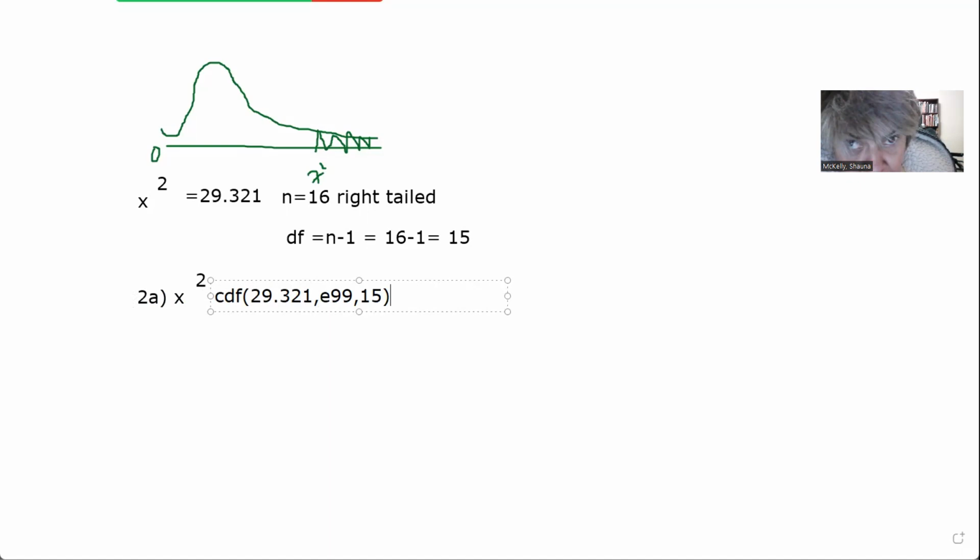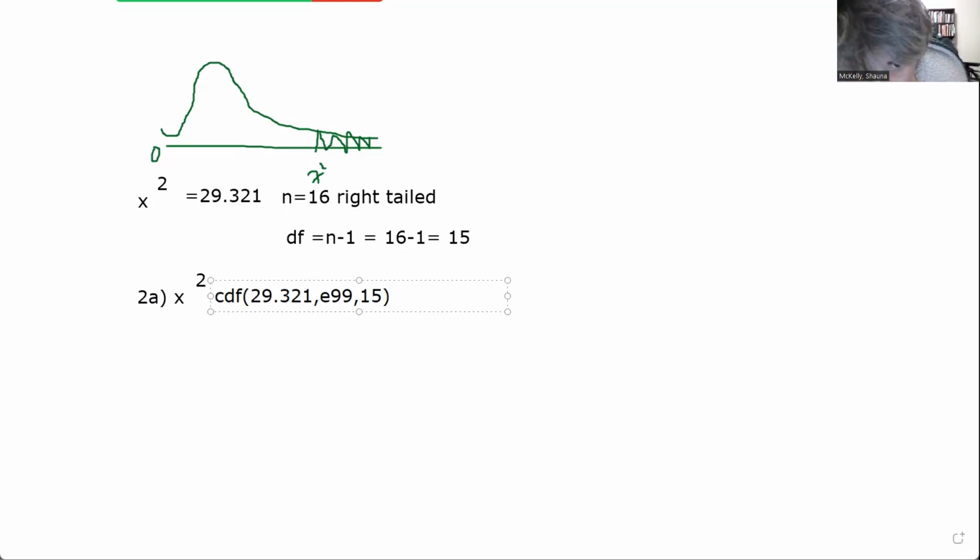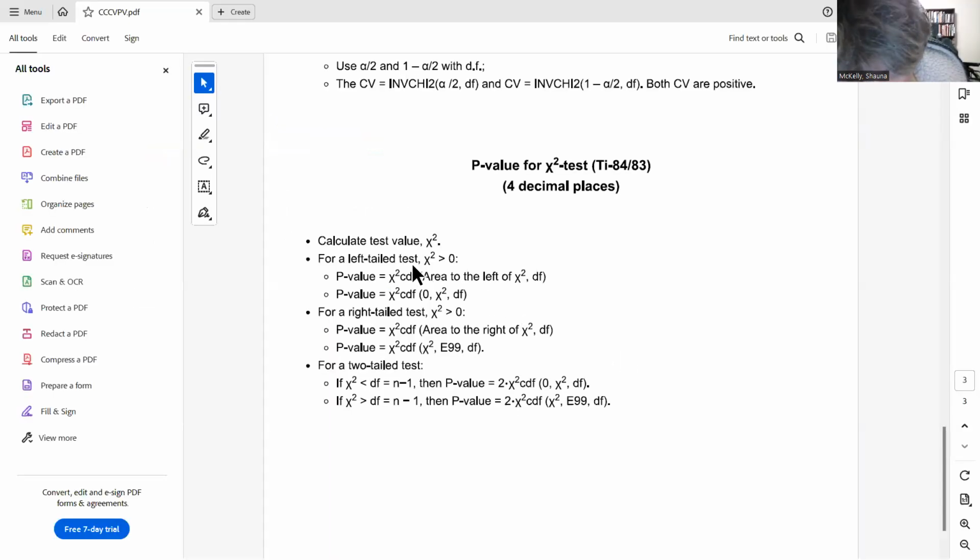I'm going to do a new share. If you need help with that, go to your critical value p-value chart right here. Calculate the test value. You're doing a right tail. So we're doing the one in the middle: area to the right of chi-squared and df.